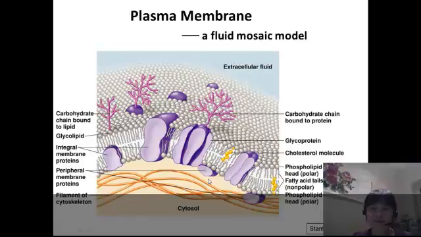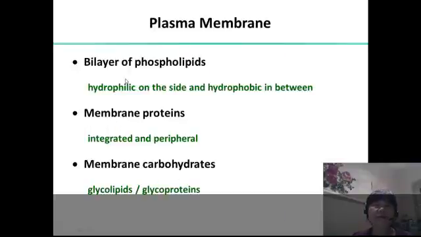If we look at the words to explain them, there are bilayers of phospholipids with hydrophilic on both sides, and then hydrophobic between the bilayer. Membrane proteins can be integrated, can be peripheral. Membrane carbohydrates can be combined with lipids as glycolipids, or combined with protein to become glycoproteins. These are very important for cells to identify substances from outside.